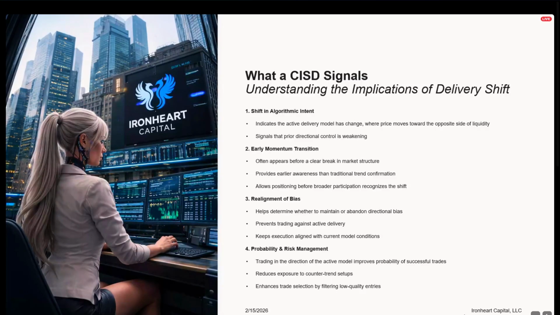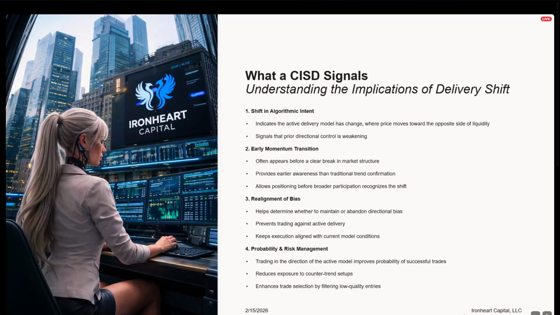what does a CISD signal, right? What does it mean when that algorithmic model starts to shift? Okay, as we've kind of said, it's an indication that the delivery model has changed, right?